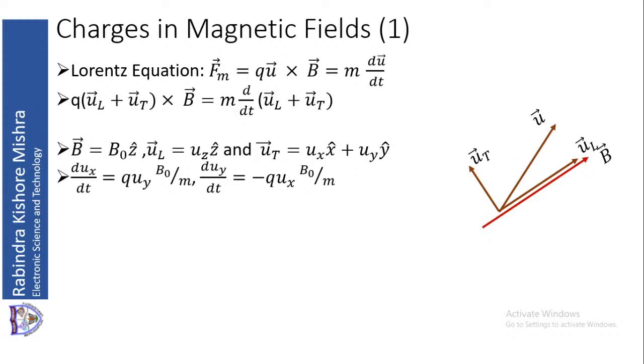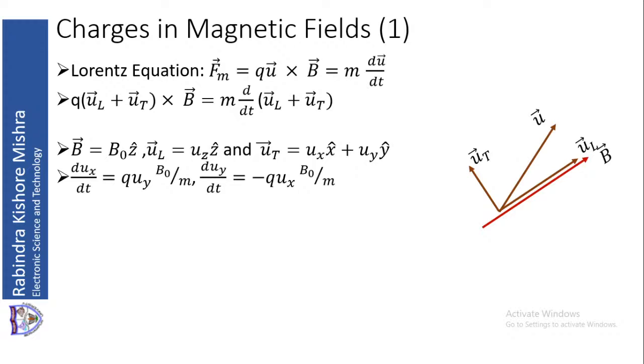Now dut by dt comes from the Lorentz equation, which we can write as q into ut cross b, divided by m.